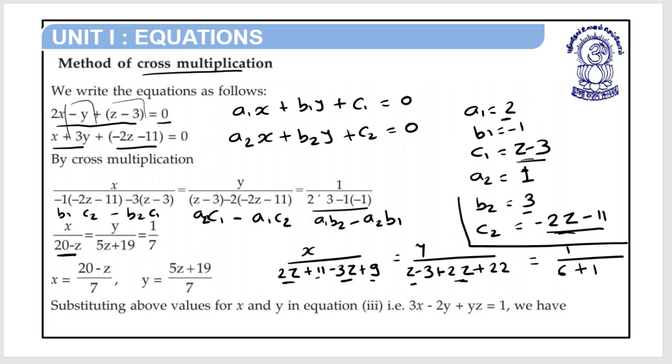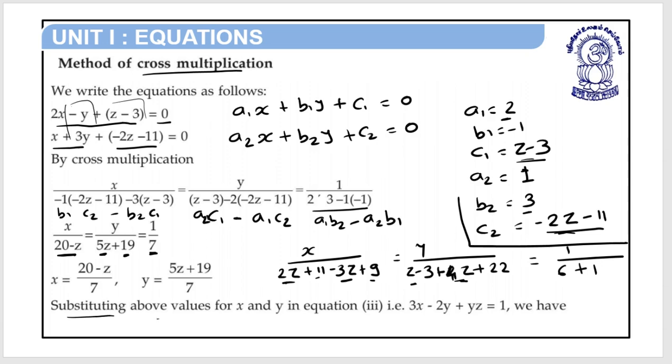Here z minus 3 minus 2, 2s are 4, so 4z plus 4z, and 11 2s are 22, 4z plus z, 5z plus 22 minus 3, 19, 1 upon 6 plus 1, so 1 upon 7. So x is equal to 20 minus z by 7, and y is equal to 5z plus 19 by 7.